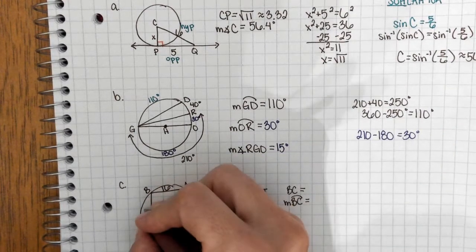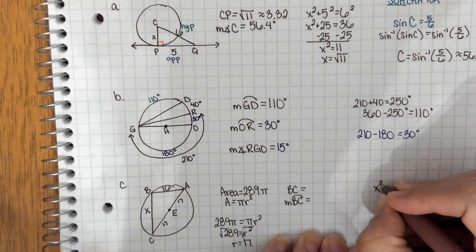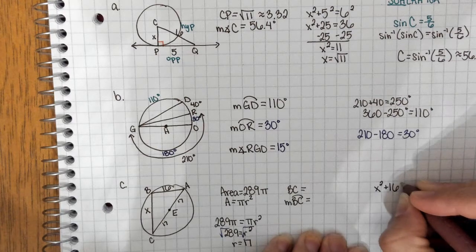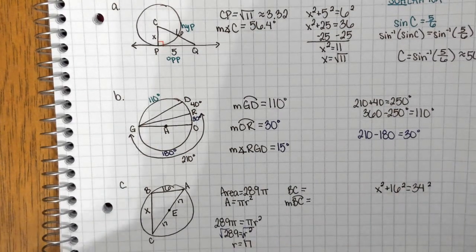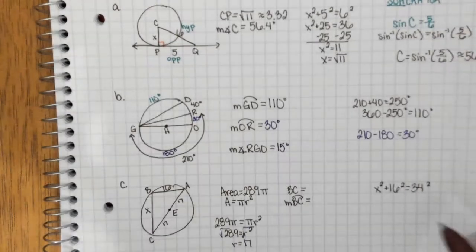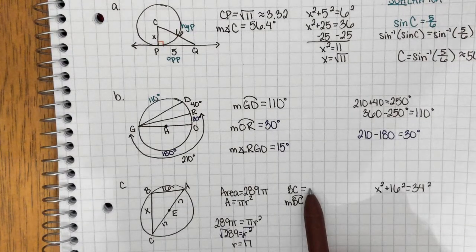So if I want to find BC, I'm just going to call it x again for simplicity. I have x squared plus 16 squared equals 34 squared. So you do Pythagorean theorem here to find x, which is going to be BC.